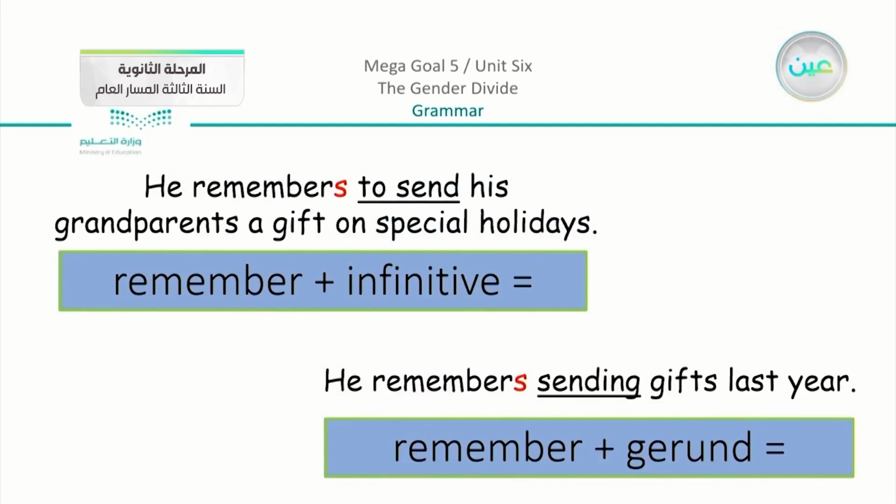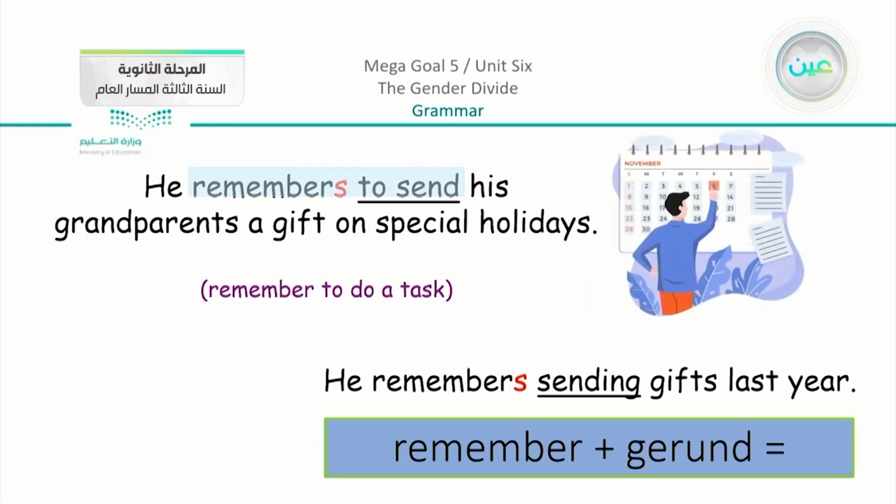Now, for example, let's just see the difference in meaning. He remembers to send his grandparents a gift on special holidays. You can see that we have here remembers to send. So we have the infinitive here with the verb remembers. Now this means that he remembers to do a task. He doesn't forget. On the other hand, we have here he remembers sending gifts last night. You can see that we have remember with sending, which is the gerund here.